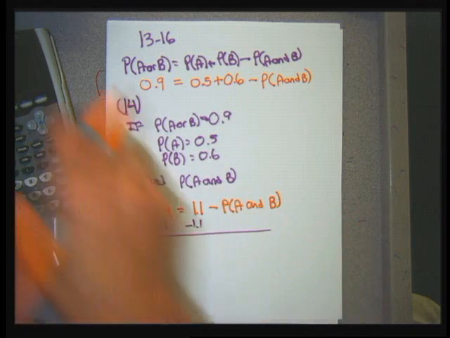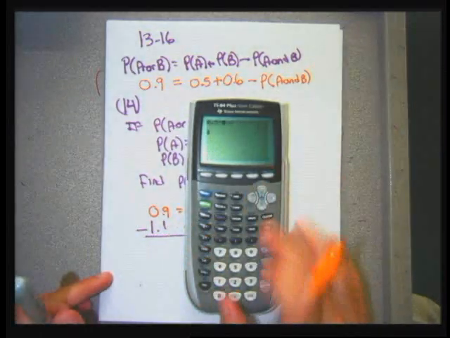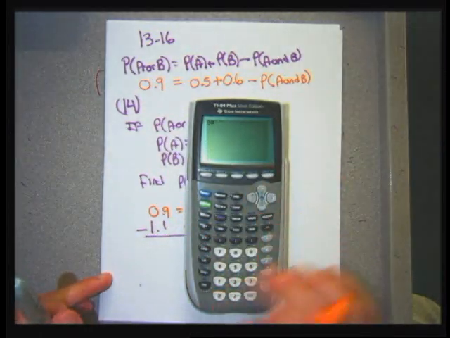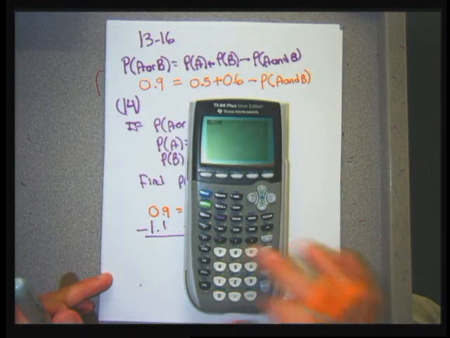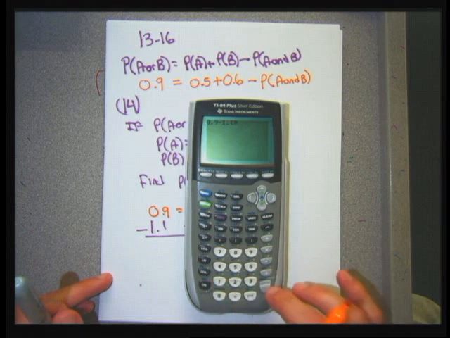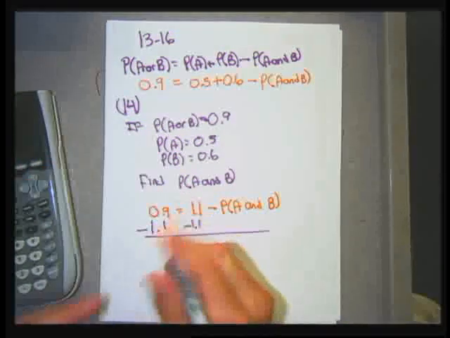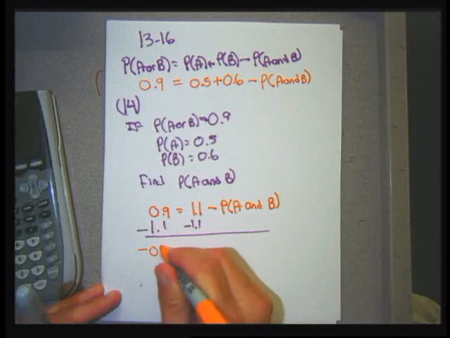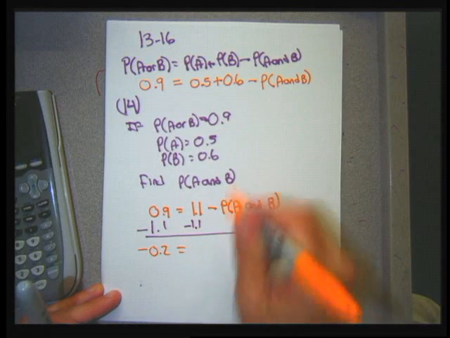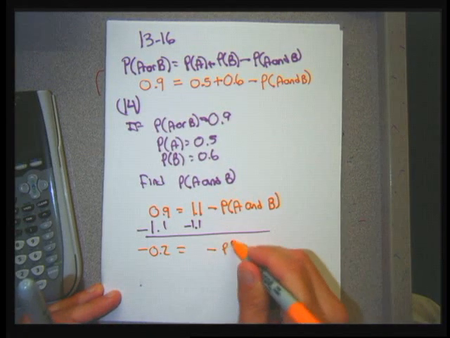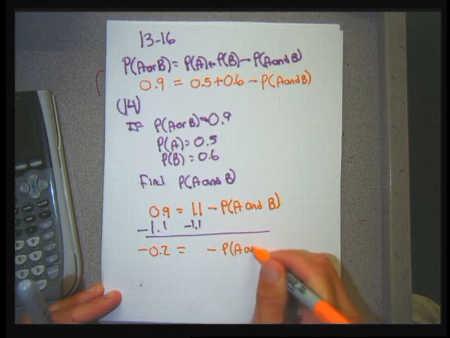On the left side, that subtraction I don't care to do without a calculator, so I'm going to go 0.9 minus 1.1, and I'll get negative 0.2. Our author might write negative 0.2. On the right side, I just have the negative sign and the probability of A and B.